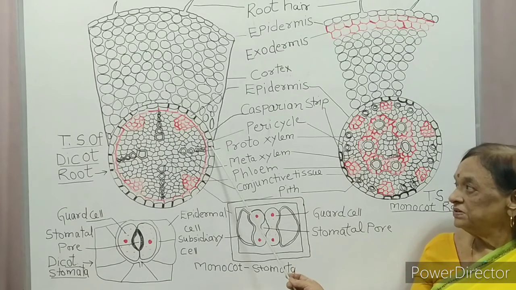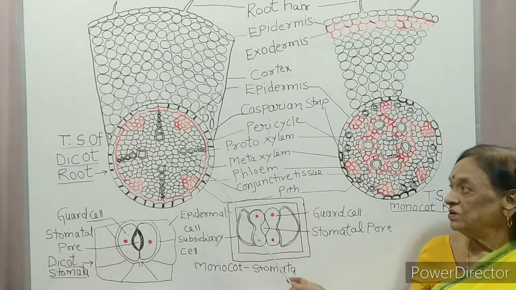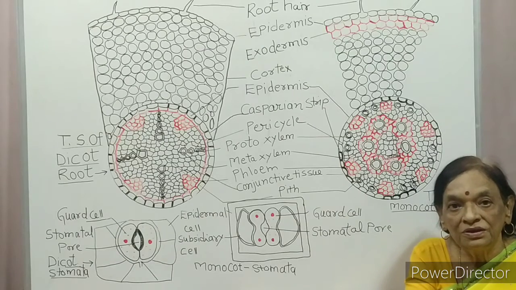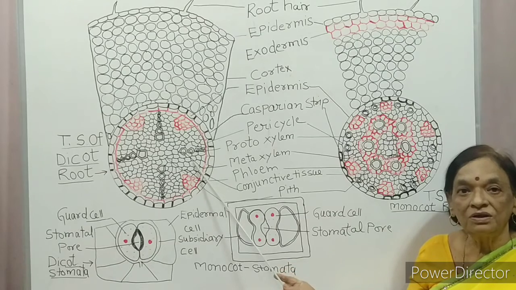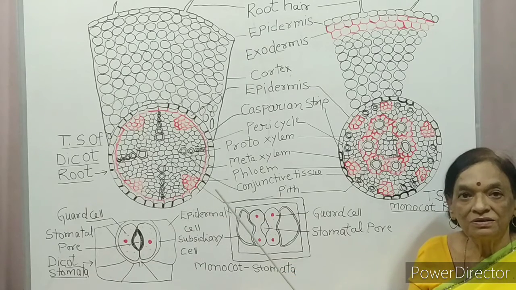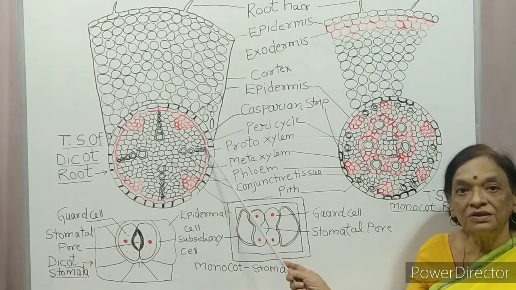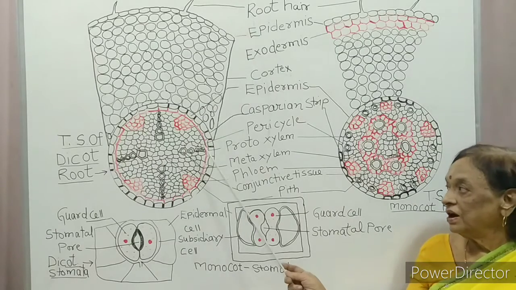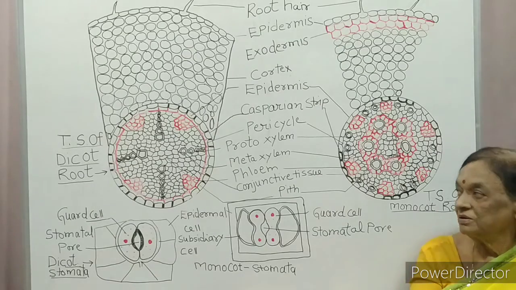So this deposition of lignin and suberin is on radial wall. Now in our textbook it is given both radial and inner wall, but in other reference books you will find that this thickening in dicot root is on radial wall only. So I have drawn thickening on radial wall.